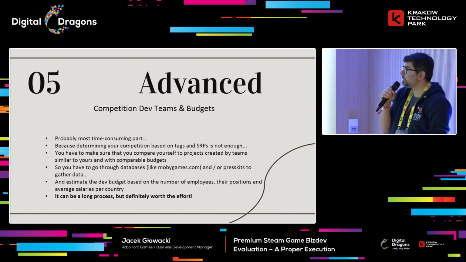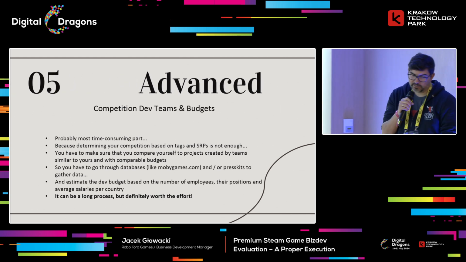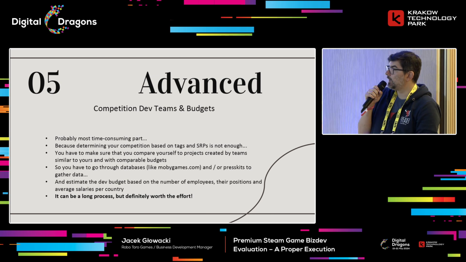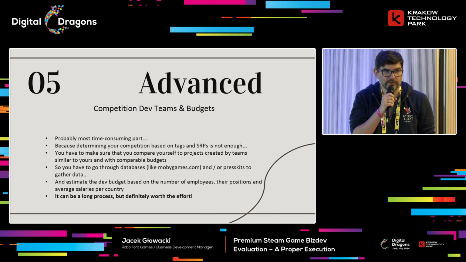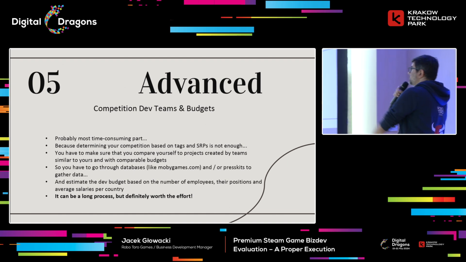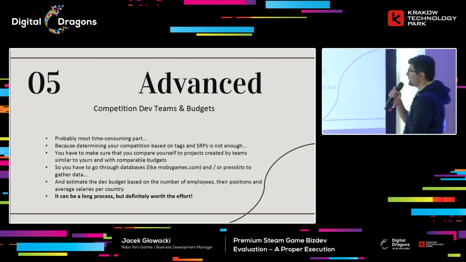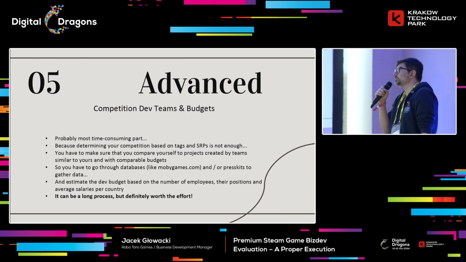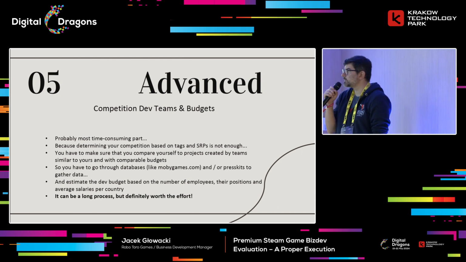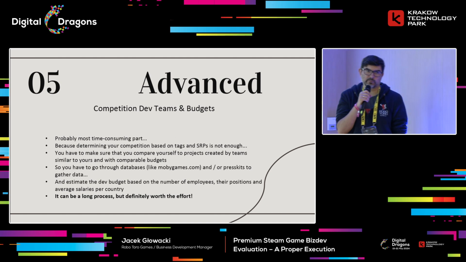Now, competition dev teams and budgets, probably the most time-consuming part or document, as if the previous ones were not, right? So determining your competition based on tags and SRP is not enough. You have to make sure that you compare yourself to projects created by teams similar to yours and with comparable budgets.